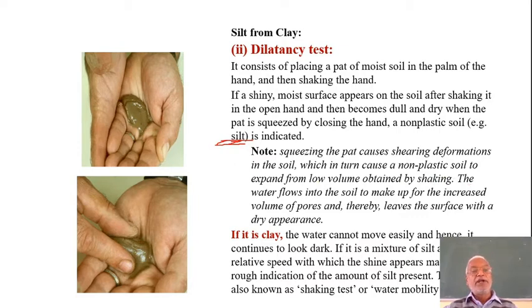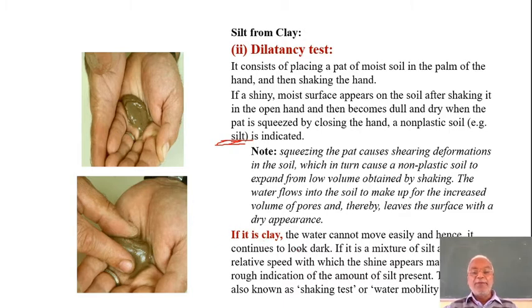When you shake it, it will be getting into smaller volume. When you squeeze it, obviously the volume expands a little bit. The water flows into the soil to make up the increased volume of the pores and thereby leaves the surface with a dry appearance. You can just see here. So you can readily recognize that it is silt.